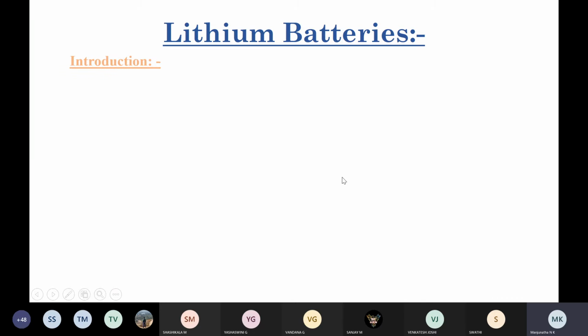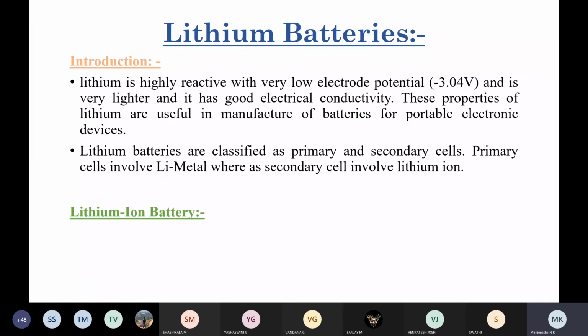So there are two types of lithium batteries. One is primary lithium batteries, another one is secondary lithium batteries. First one, coming to primary lithium batteries. In the case of primary lithium batteries, pure lithium metal is used as one of the materials.